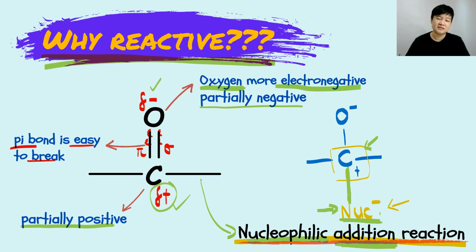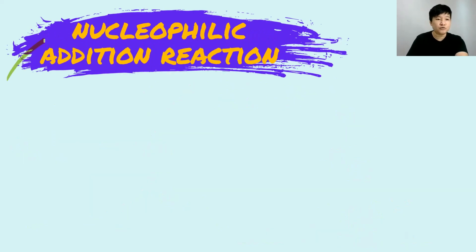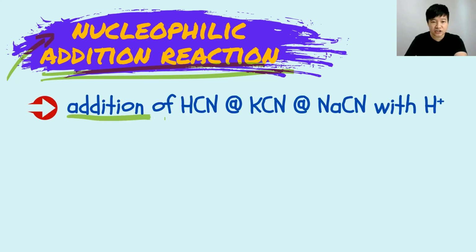Okay? Simple. And we have 2 nucleophilic additions that we will talk about. The first nucleophilic addition is the addition of HCN or KCN or NaCN with the presence of acid. So in your equation, you will have your C double bond O plus your NaCN with the presence of acid.